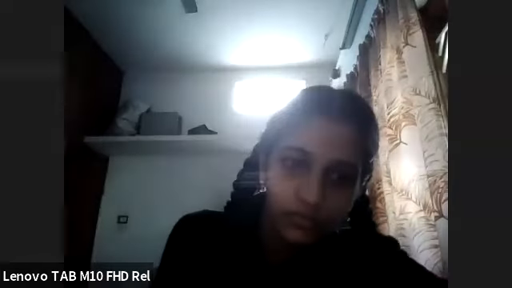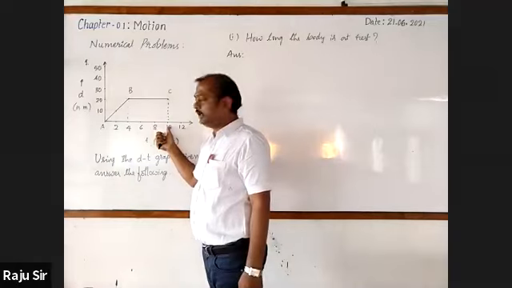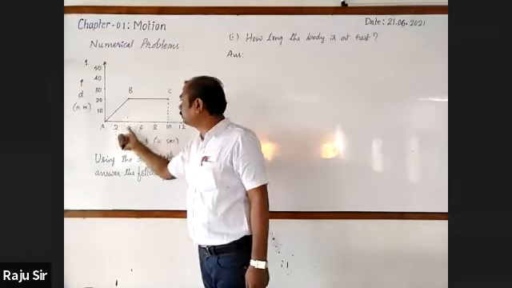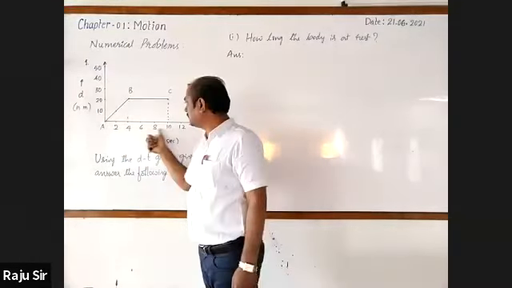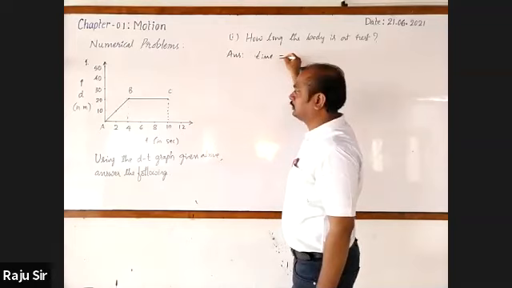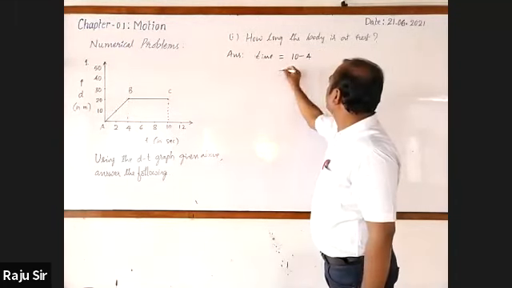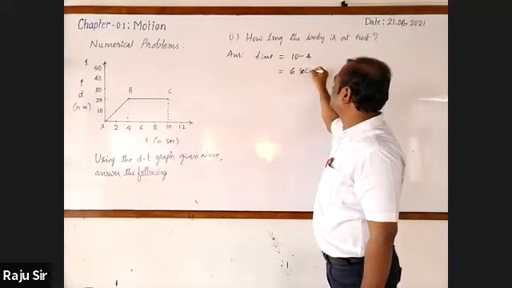Total is 10. We want only the time from B to C. Up to C, 10 seconds. Up to B, 4 seconds. So 10 minus 4 is equal to 6 seconds.